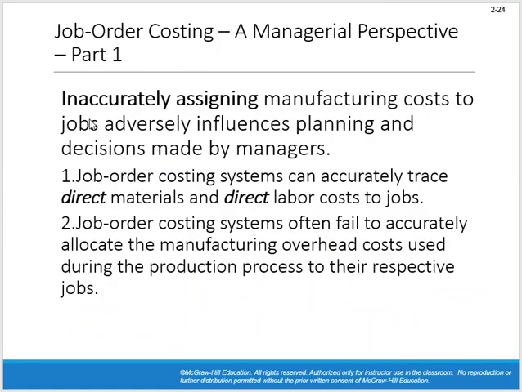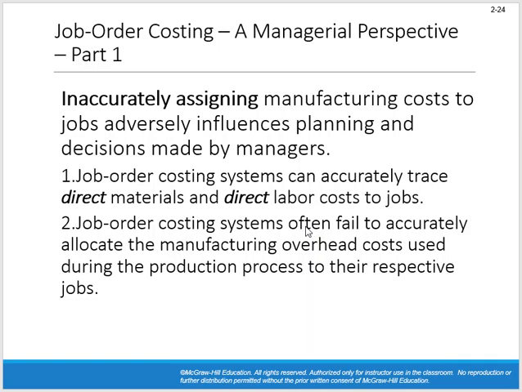When it comes to predetermined overhead rate and applying MOH, if we're inaccurately assigning manufacturing costs to jobs, it can adversely influence our planning and the decisions that we have to make as managers in the business. We want to do this with as much accuracy as possible, so that can be a little bit tricky. Job order costing systems can accurately trace direct materials and direct labor, which is great, but they often fail to accurately allocate the manufacturing overhead used during the production process to the respective jobs.